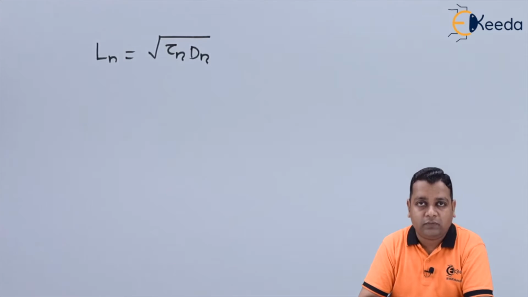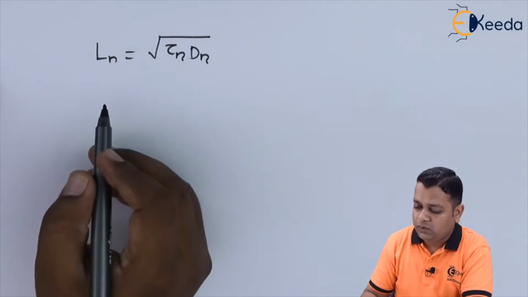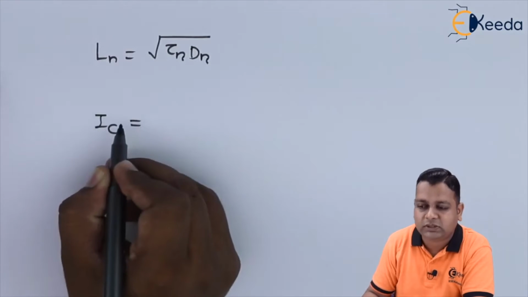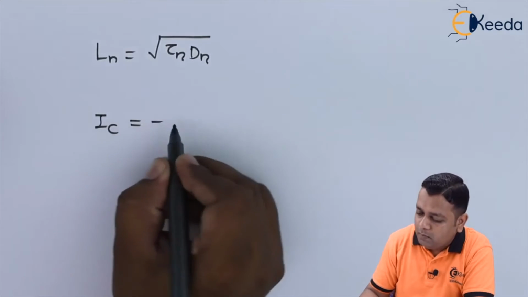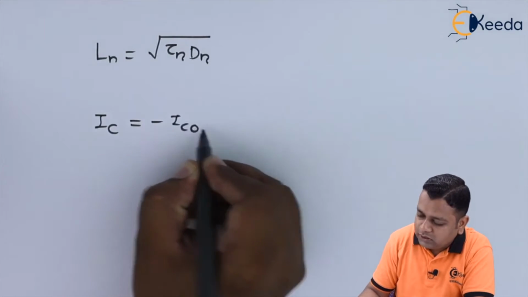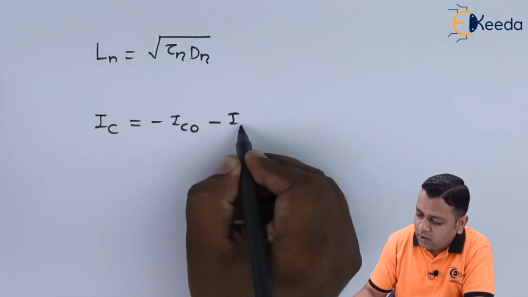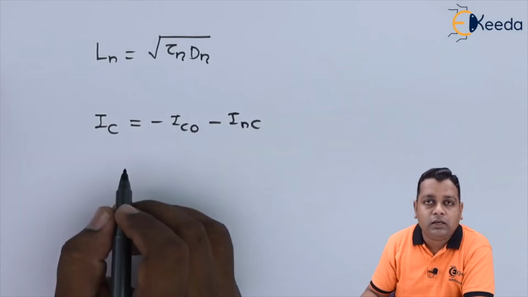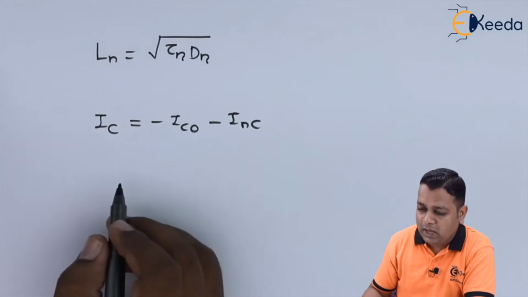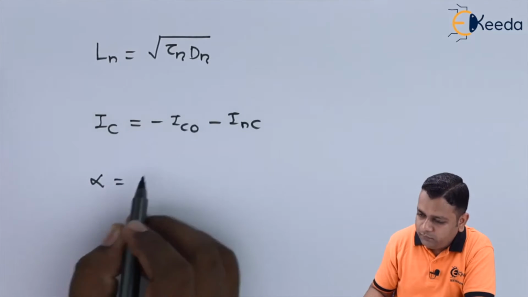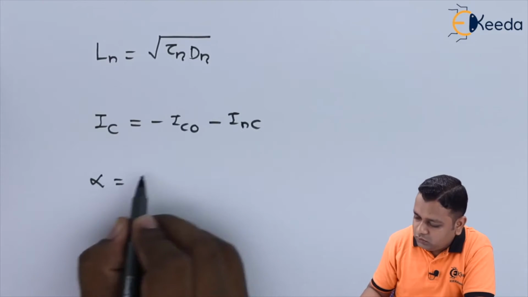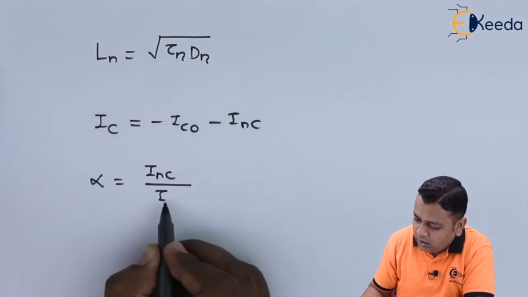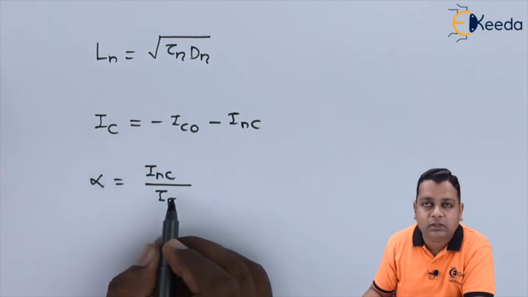So after looking at the operation of injecting the carriers at the emitter junction, when we reach the collector, we can express the collector current denoted by capital I suffix C in terms of minus of I suffix CO minus of I suffix NC here. Further, the gain factor here can be expressed as alpha equal to the ratio of I suffix NC divided by capital I suffix capital E here.